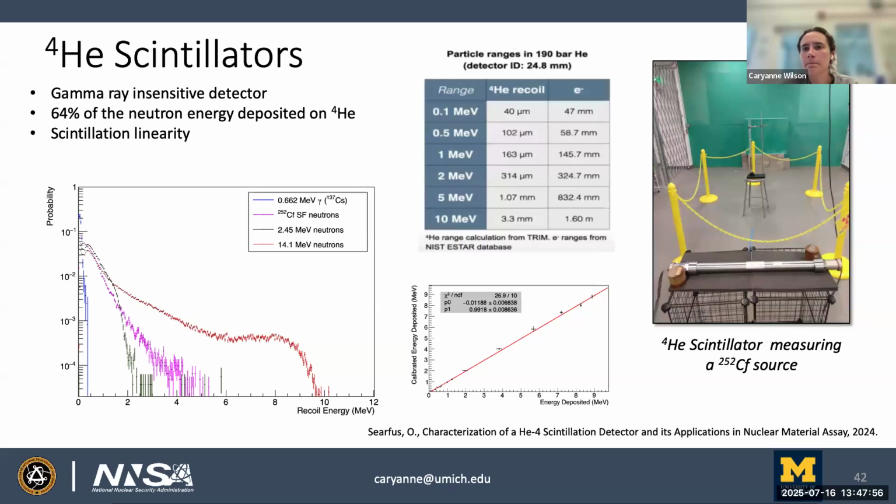And he talks about a technique to more specifically set the threshold of the detector to be able to eliminate gamma rays from this detector.